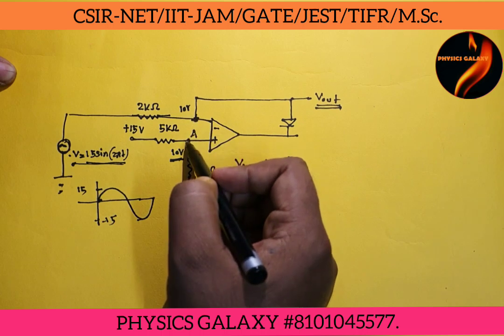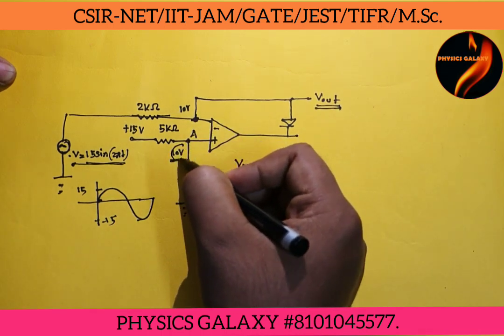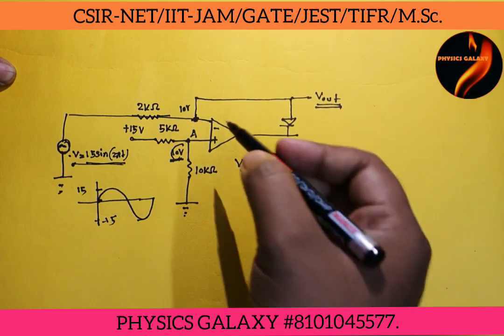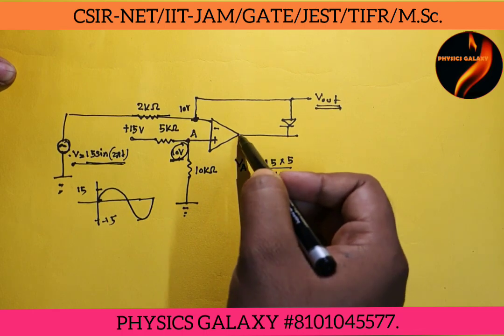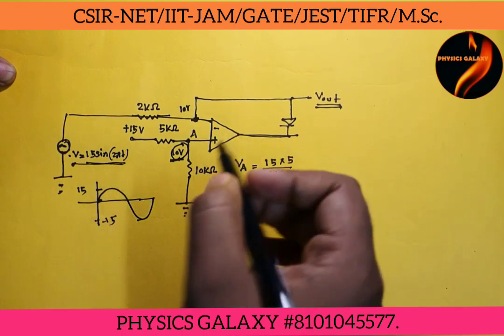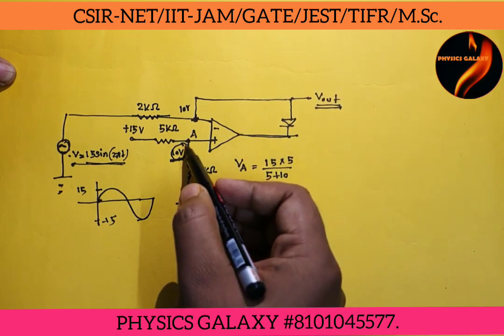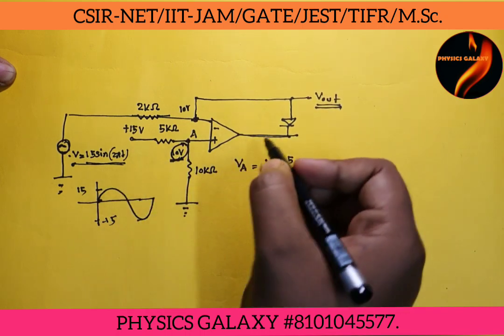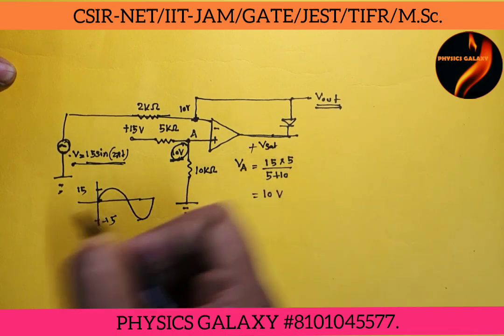So this will act like a comparator circuit, means as 10 volt is greater than 0 volt, the output here will be saturated at the maximum of the voltage applied here. So as 10 volt is greater than 0 volt, the output here will be V saturation positive.